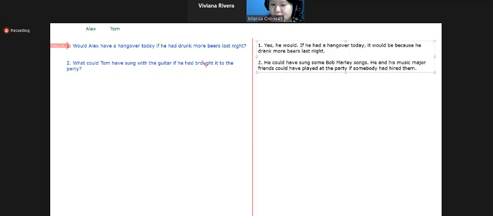Hubieran podido tocar en la fiesta si alguien los hubiera contratado, ¿verdad?